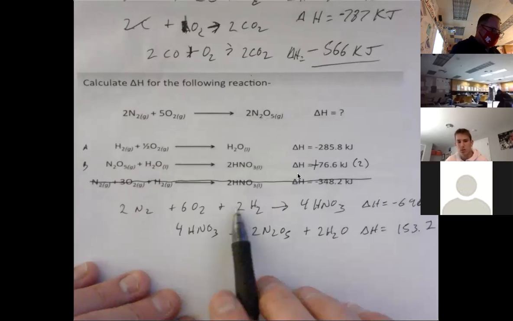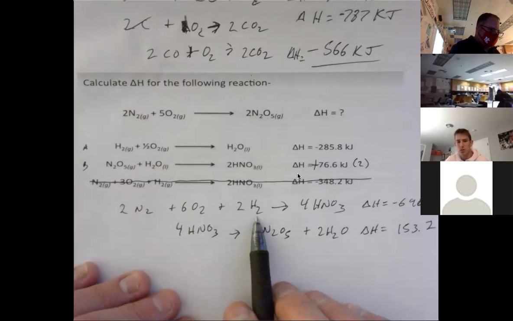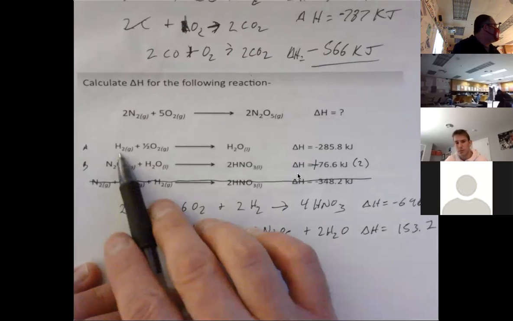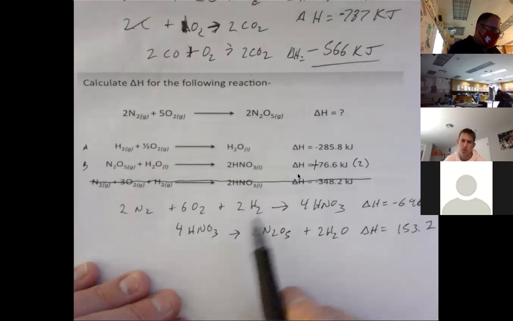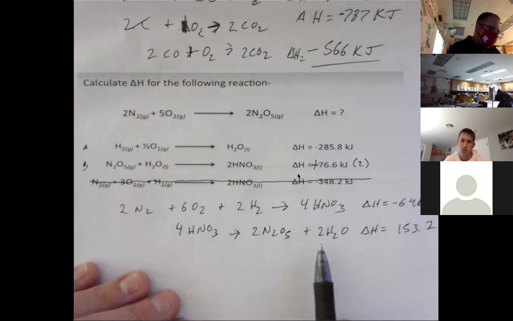Take a look here too. I have these extra 2 H2s on the reactant side. I can't keep these H2s on the reactant side. So you gotta flip it. I got to flip it. Does this 2H2 help you out? Or how about these 2 H2Os?